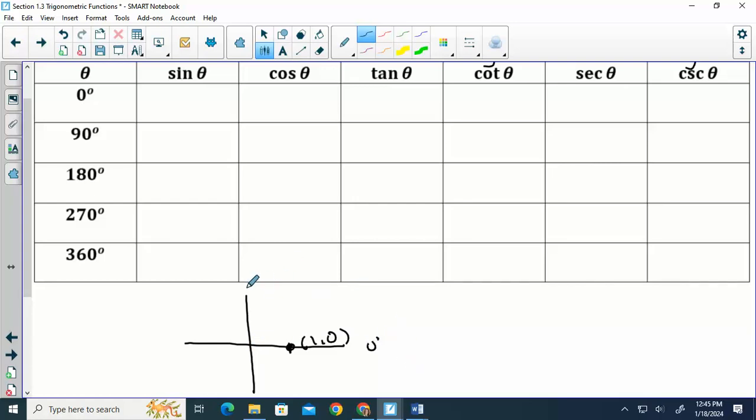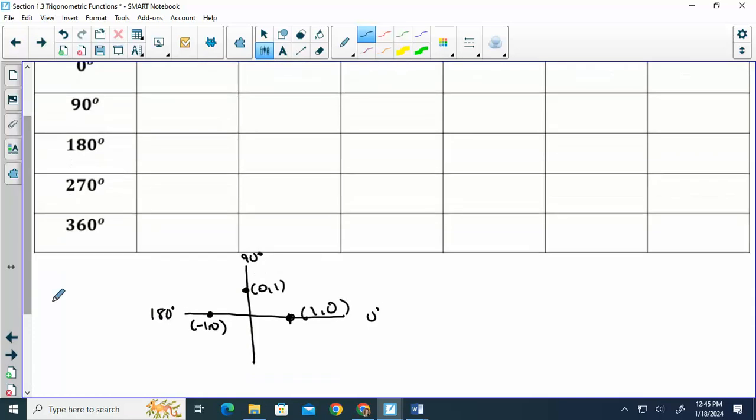On the top of the y-axis. So that would be what ordered pair? 0, 1. This would represent 180 degrees. What would be that point? Negative 1, 0. And this is 270. 0, negative 1. And 0 degrees is the same as 360. We're back around.